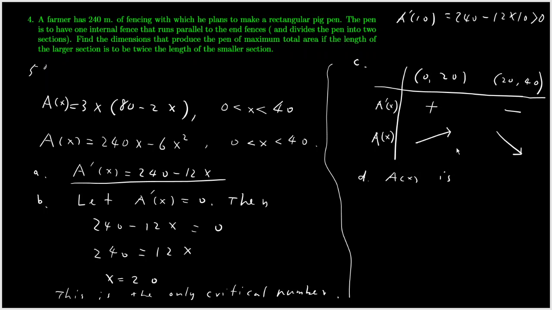You just answer the location. So using the table, the function a of x is maximized when the x value is equal to 20, in meters, of course.